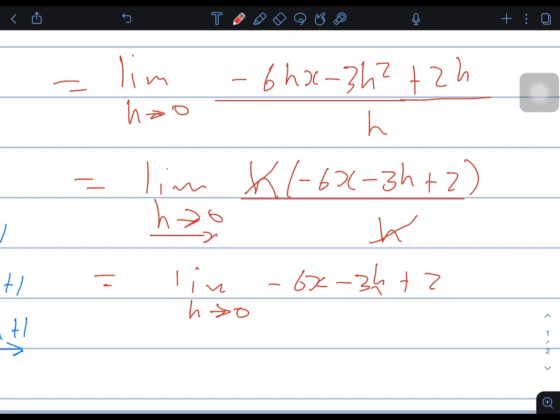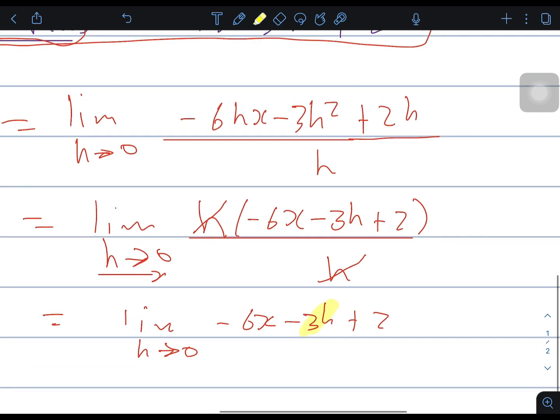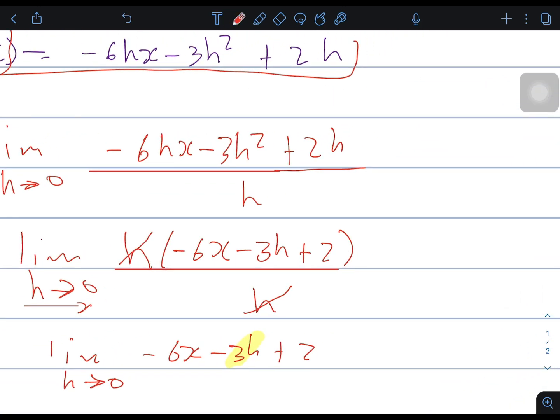If h is approaching 0, this term disappears, because remember, any number multiplied by 0 is 0. For example, negative 3 times 0 will be 0.